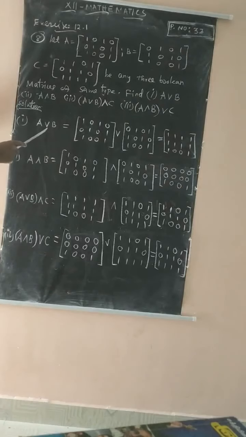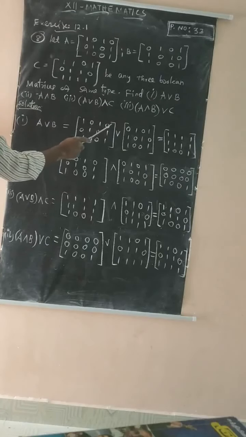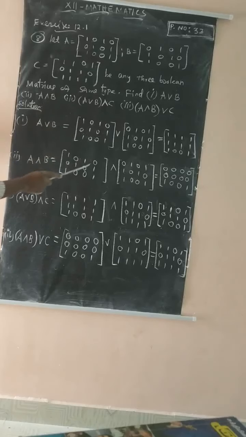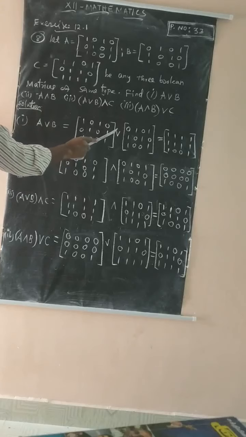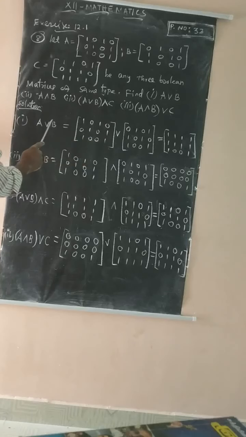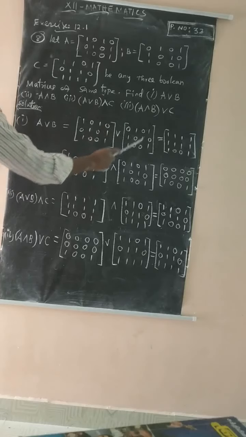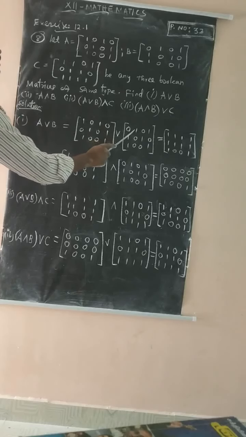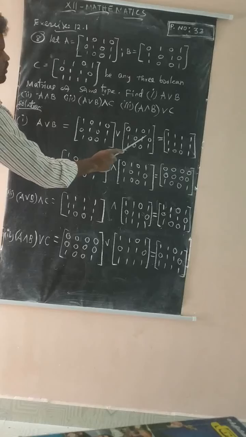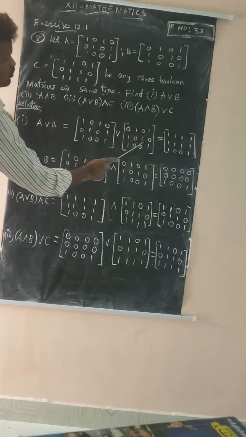First one, A join B is equal to: write down matrix A, 1 0 1 0 0 1 0 1 1 0 0 1, and here write the join of another matrix B, 0 1 0 1 1 0 1 0 1 0 0 1.